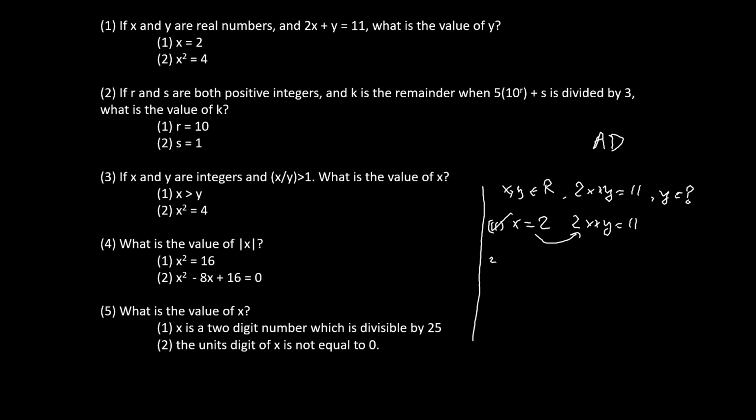Then I move on to statement 2. I get x squared is equal to 4. If x squared is equal to 4, then x is either 2 or negative 2. Again, I have two different values of x, and using this particular equation, I will get two different values of y. That means this is not sufficient. That means D is eliminated, hence A is my answer.